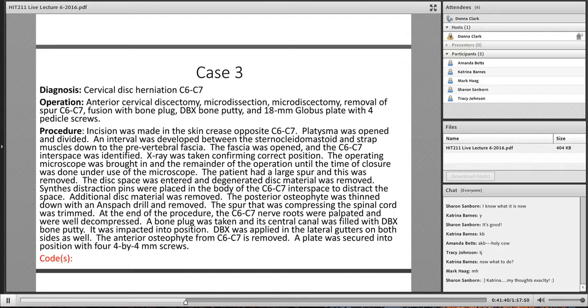All right, I'm gonna help you out in just a second. All right, let's see. How many people read? All right, let's see what we have. Case 3. It's a lot to read there.